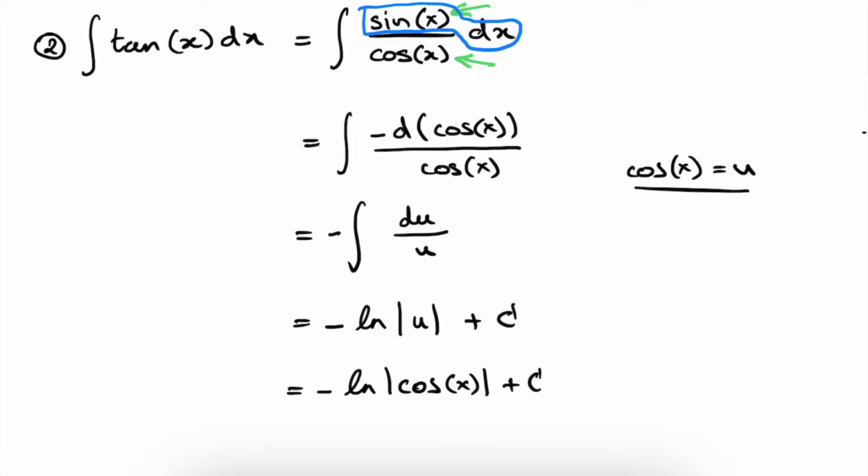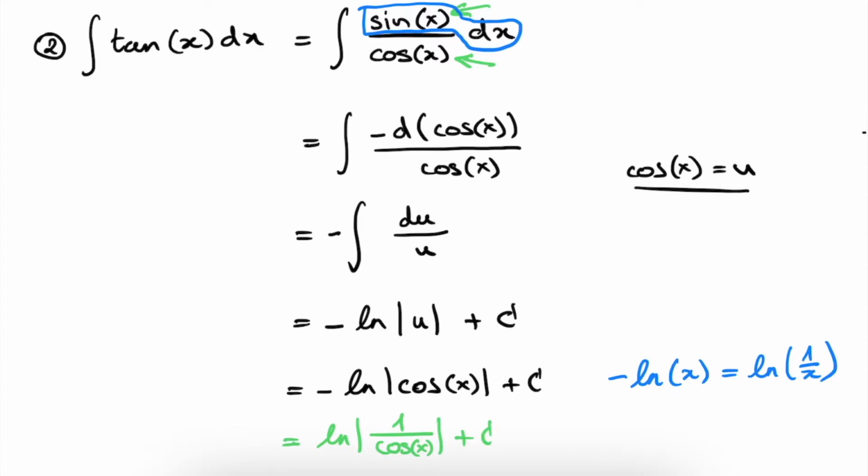And to write this result even prettier, we use the fact that the logarithm of x with a minus sign in front is equal to the logarithm of 1 over x. And we can use this to write our final result being the logarithm of the absolute value of 1 over the cosine of x plus c. And this is our final result.